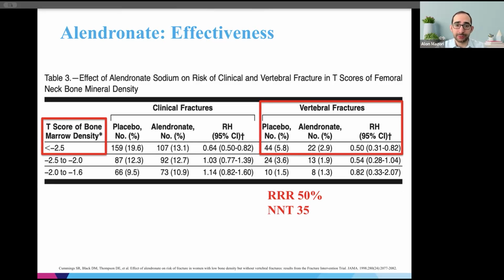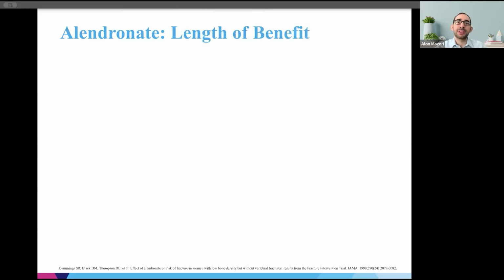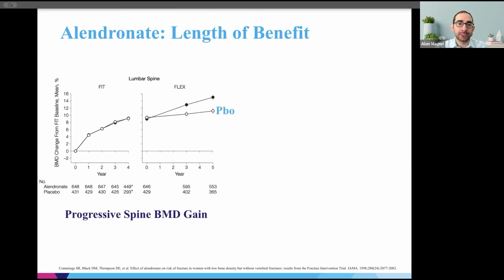And this is pretty impressive. In terms of the length of the benefit, we took a look at this in the fracture intervention trial and the FLEX extension study. And we saw that compared to placebo, individuals who continued alendronate past 4 or 5 years experienced progressive spine bone mineral density gain.